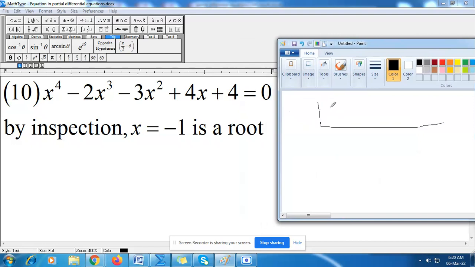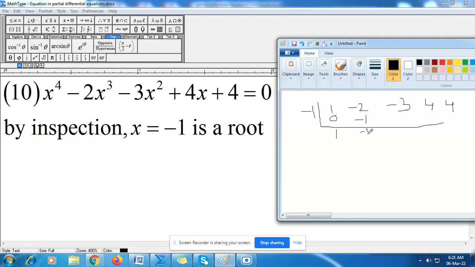That is, take the coefficient of x power 4, the coefficient of x cube, the coefficient of x square, the coefficient of x, and the constant, which is 4. And here the root is minus 1. And now write 0. 1 plus 0 is 1. Minus 1 into 1, minus 1.